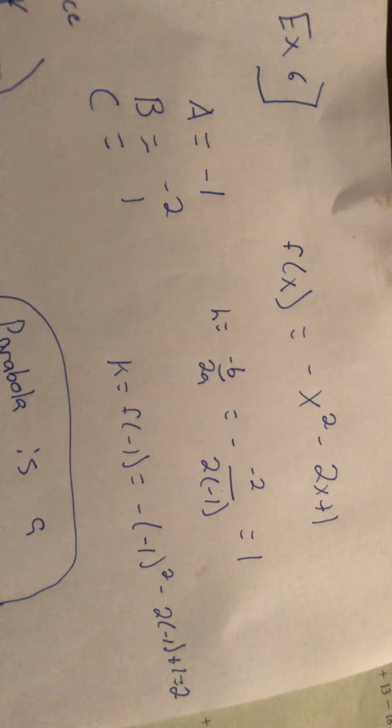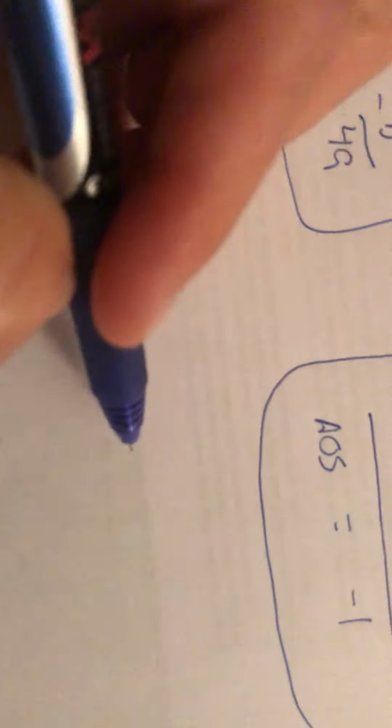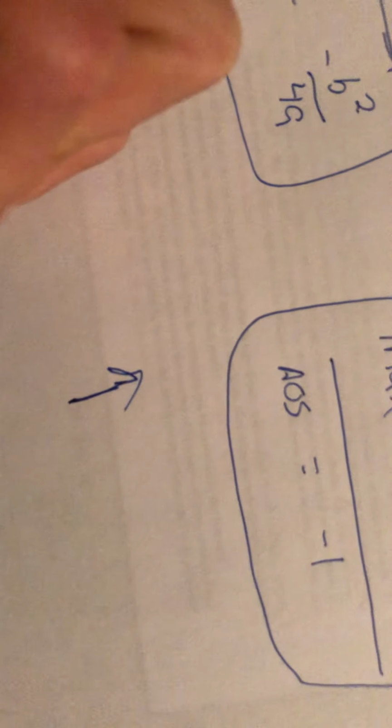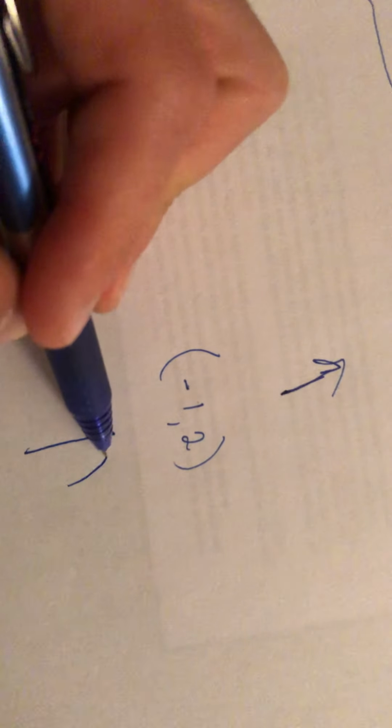Now what you're trying to do is find out your vertex, all right? And by everything we did above here, we're able to see that our vertex is -1, 2. If it's -1, 2, that means our axis of symmetry is going to come through a portion on our axis, so it is going to be -1.